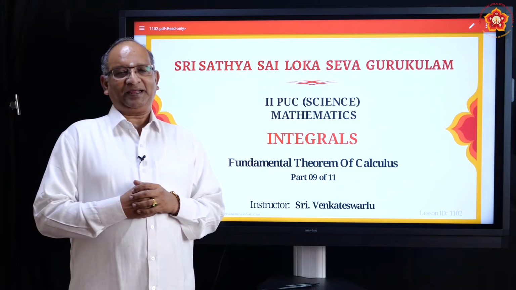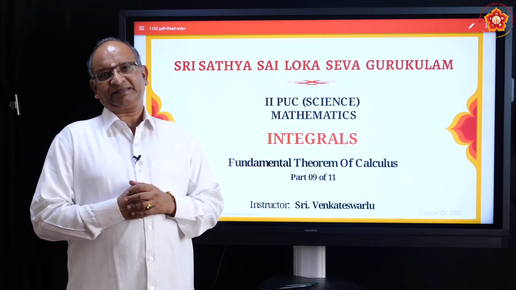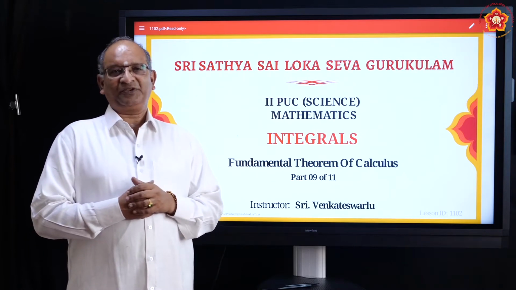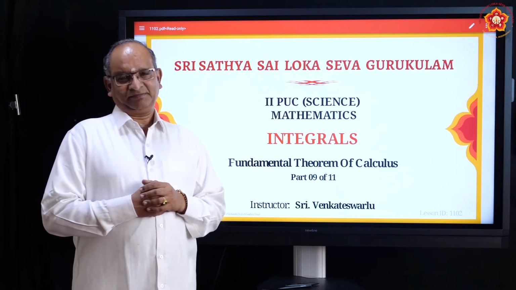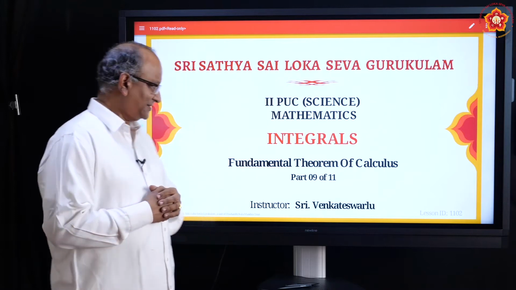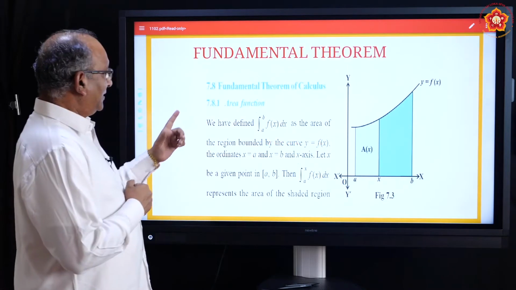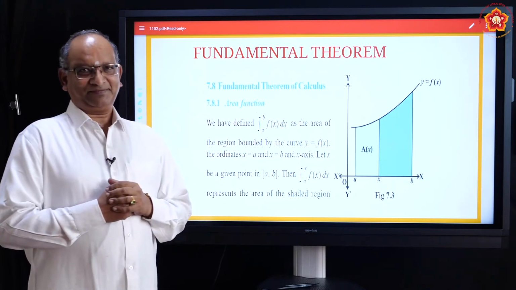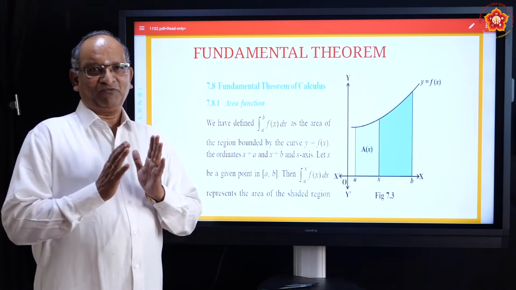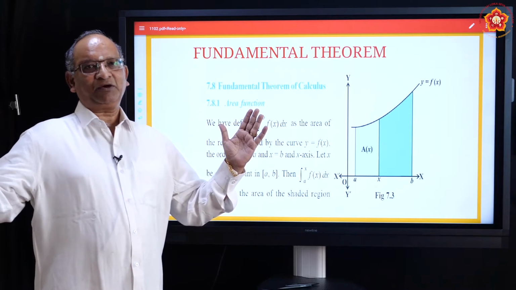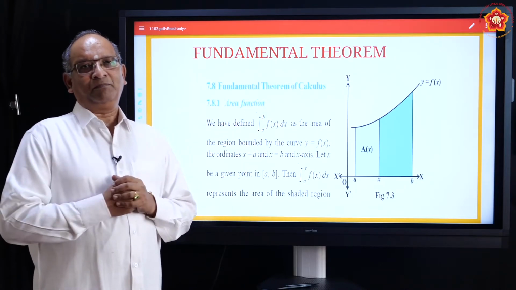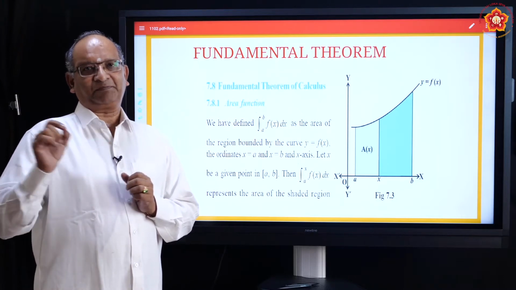So let us see today the second method. Yesterday what we did was one of the methods. Today is the second method which we are going to discuss in definite integrals: the fundamental theorem of calculus. Yesterday also we calculated area in one particular way. We divided the whole interval into n number of parts, n number of strips.